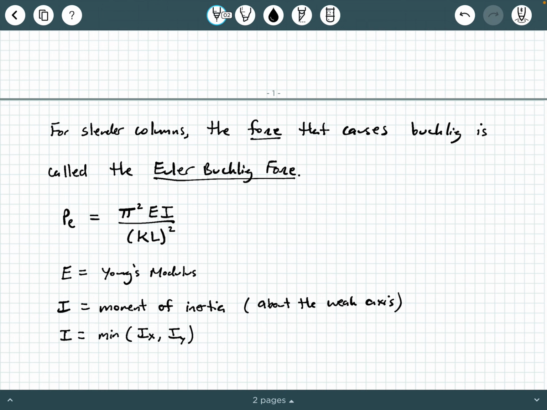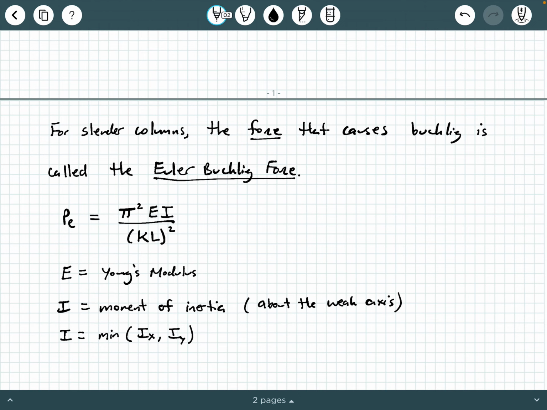That'll be partially related to how a column is restrained either at its ends or intermediately between its ends. But for this introductory background video, we're just going to look at the smaller of either Ix or Iy to be the moment of inertia we're interested in.